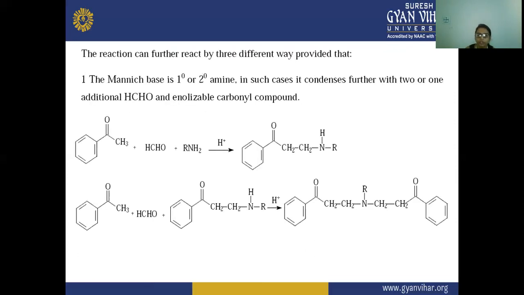The reaction can further react in three different ways, provided that the Mannich base is a 1 degree or 2 degree amine. In such cases, it condenses further with two or more additional HCHO and enolizable carbonyl compound. So here you will see these imines are formed.